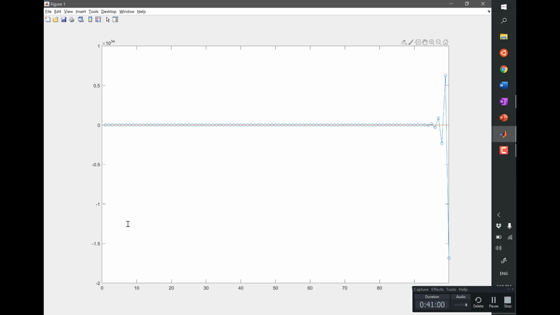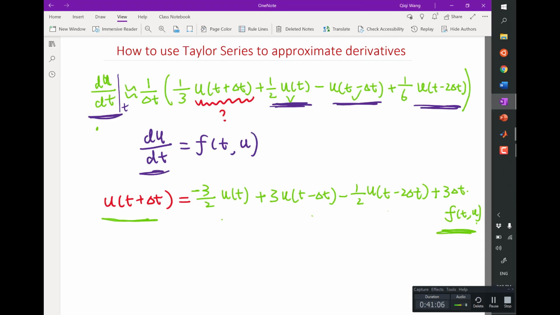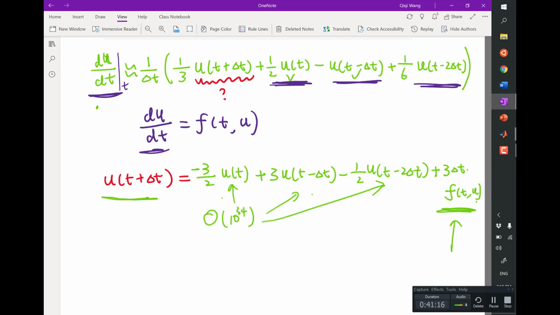Now, when my solution is 10 to the 34, this is on the order of 10 to the 34, this is on the order of 10 to the 34, and this is on the order of 10 to the 34. And how about this? This is on the order of delta t, right? 3 delta t times f.